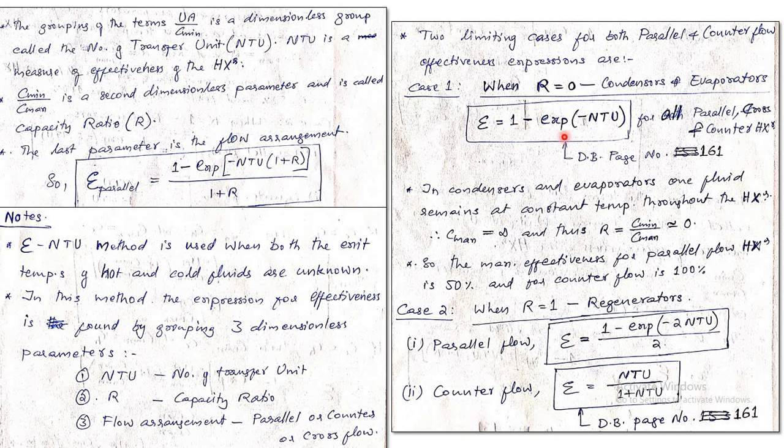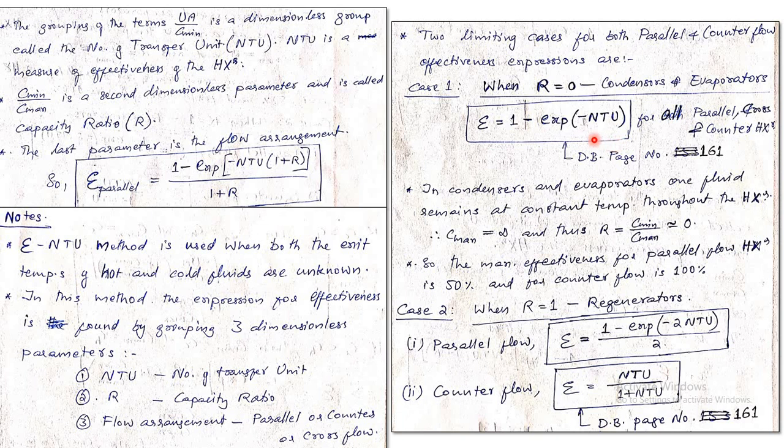The expression for all types of heat exchangers, parallel flow, counter flow, and cross flow, will be 1 minus exponential of minus NTU. Let's check here. If R is equal to 0, this term will be 1 minus exponential of minus NTU divided by 1 plus 0, so 1 minus exponential of minus NTU.